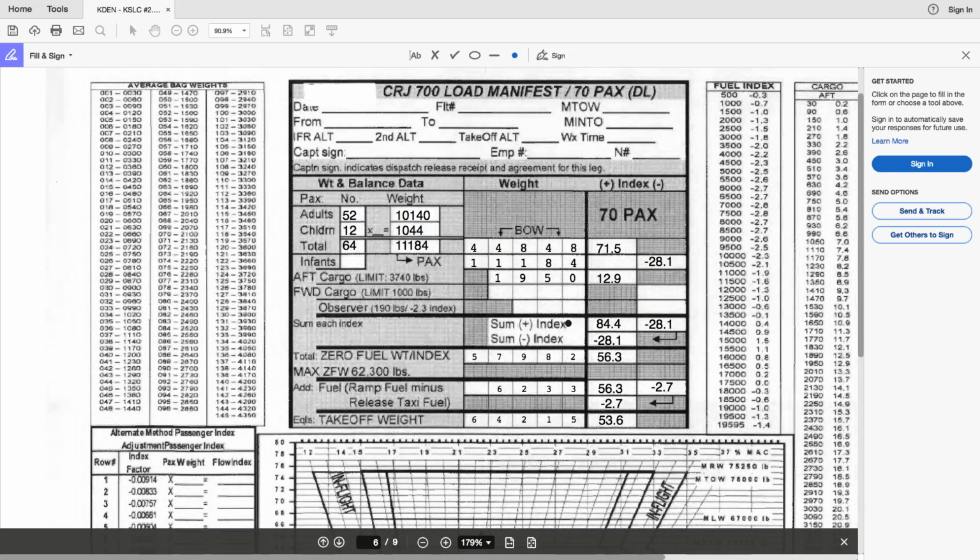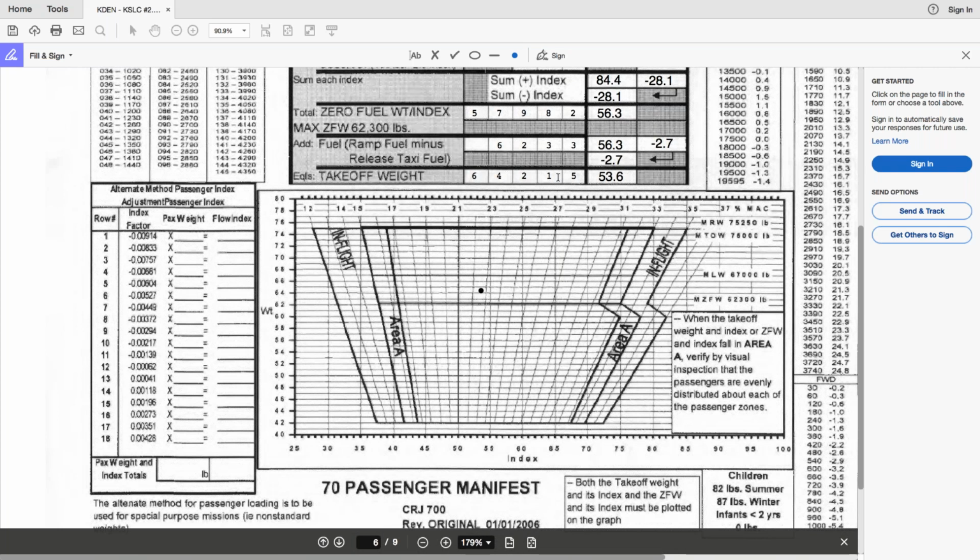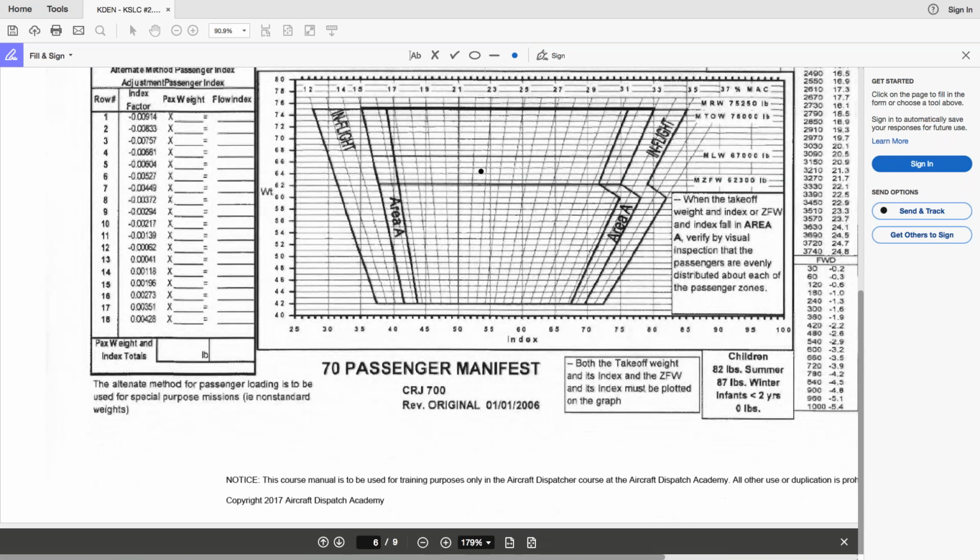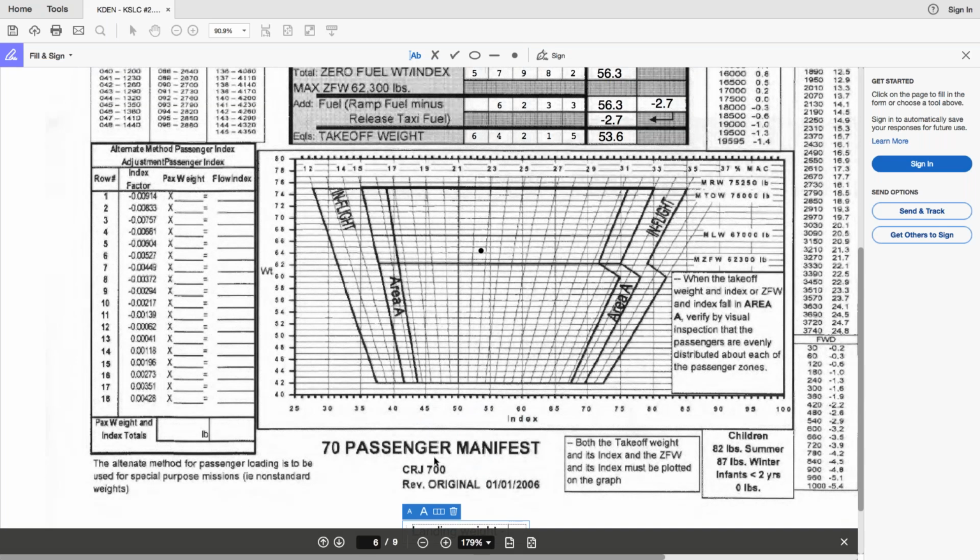Okay. Let's figure out our landing weight really quick. And we can just type it on the bottom here. Landing weight is 64,215 minus, oh wait, no, hold on. 6233 minus 2,500.